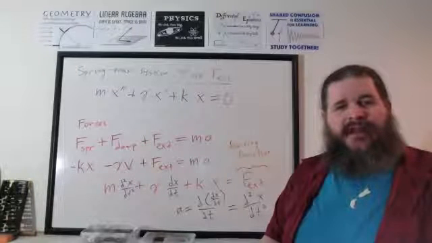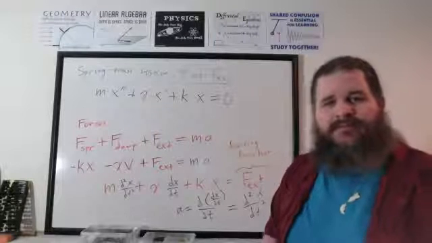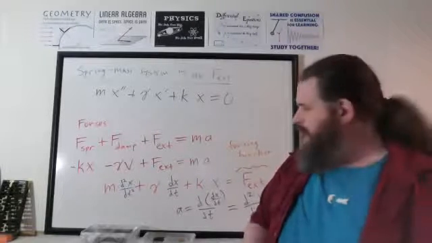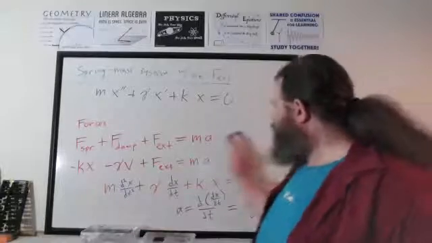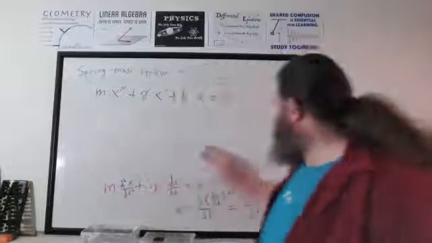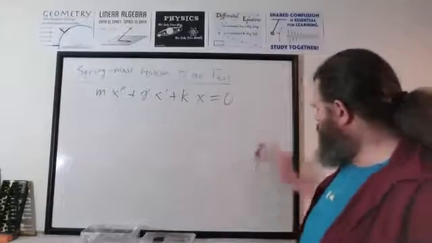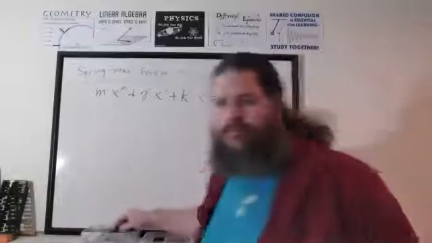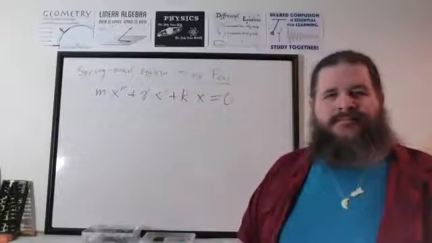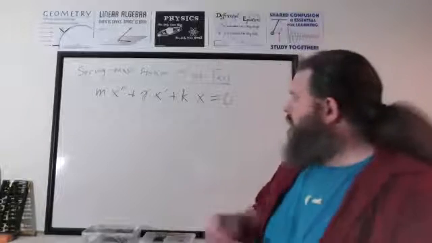What would be our typical guess for a second order linear differential equation with constant coefficients? What would you usually guess for a situation like this? Yeah, we guess e to the rt.